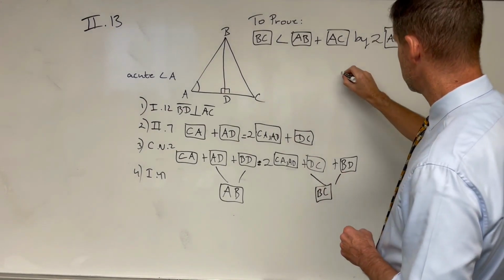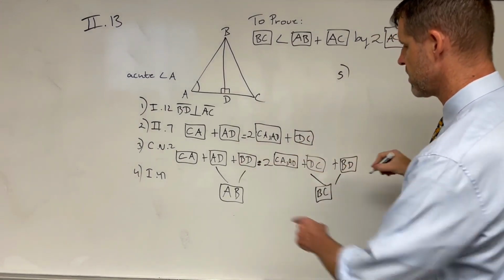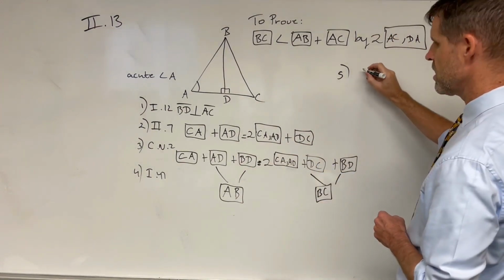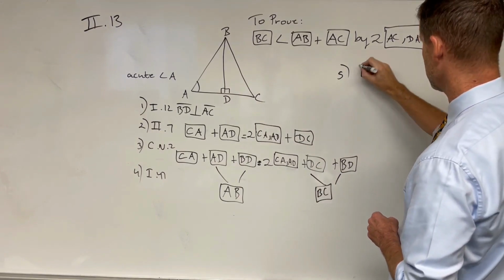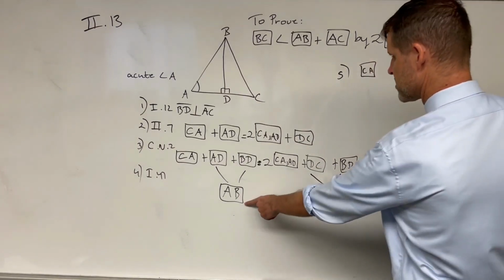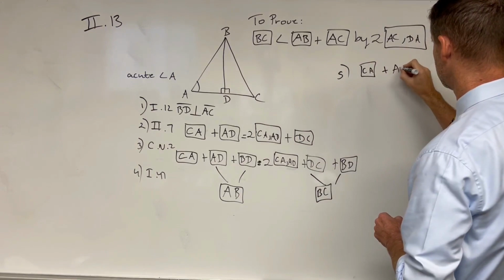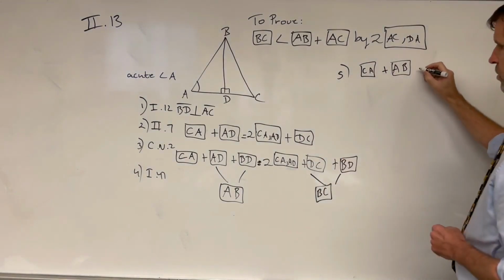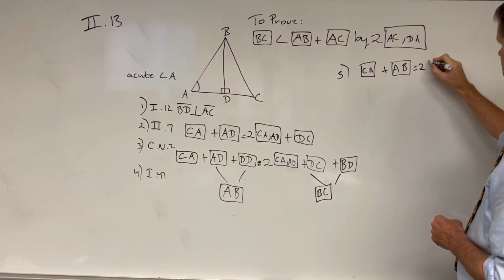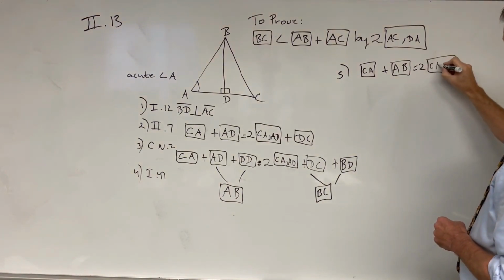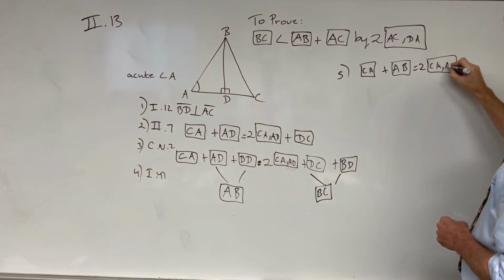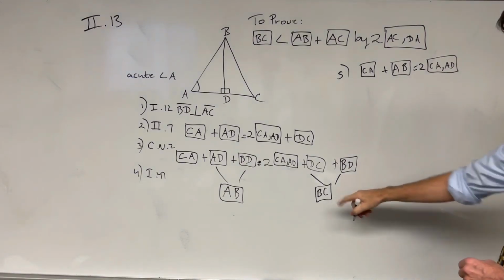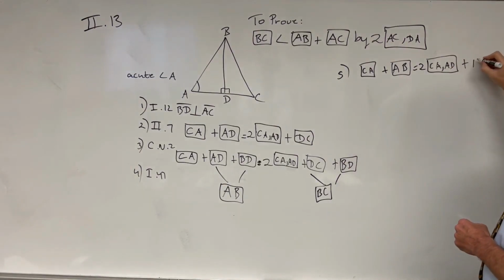And I'll rewrite step 5, we'll rewrite all of this. So now we have the square on CA plus the square on AB equal to twice the rectangle CA, AD plus the square on BC.